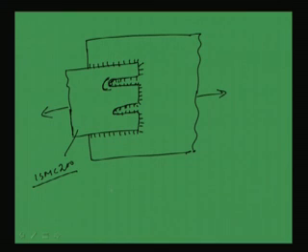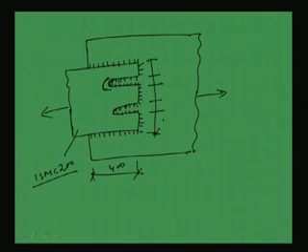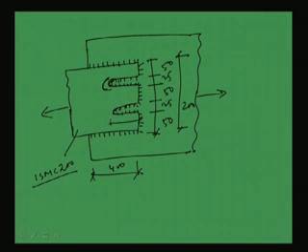Now, if we see the specification, this is the 400 which is the lap length. Now, this is 50, this is 25, 50, 25, 50, which comes to 200 mm total. This is how we will distribute, and this length will become 100 mm, which we got from the solution.